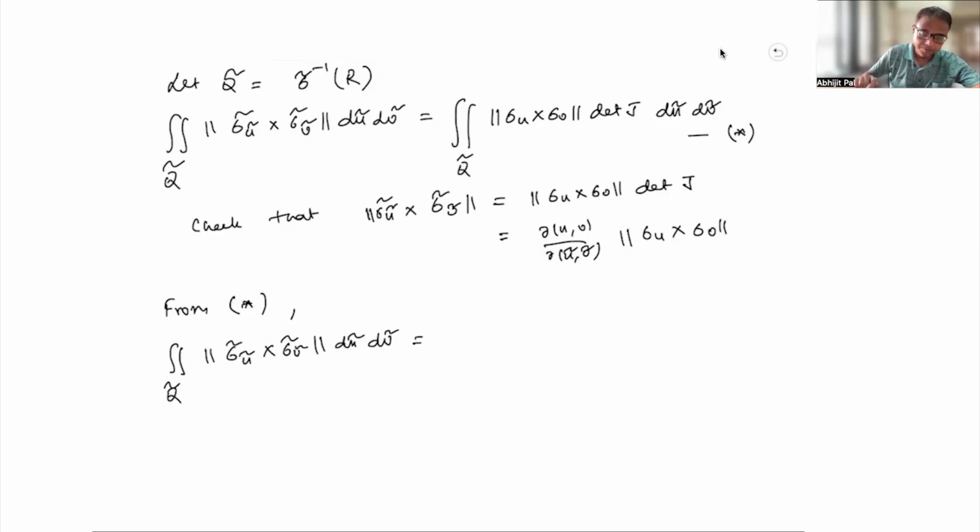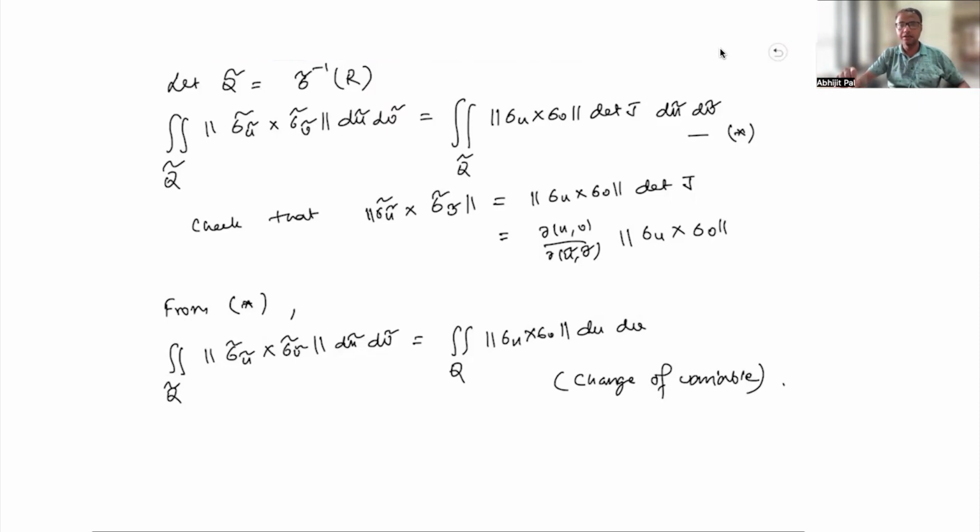So this will be equal to the double integral over Q of the norm of the vector product sigma u with sigma b du db. So here I am applying the change of variable. Due to the change of variable, I have this equality.